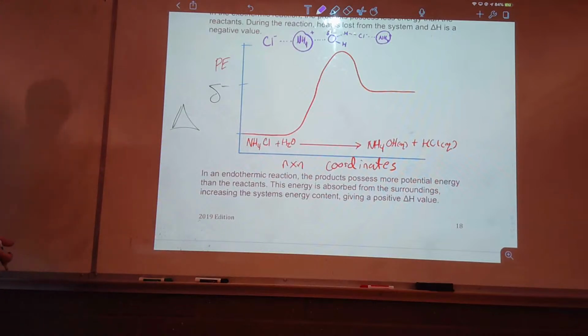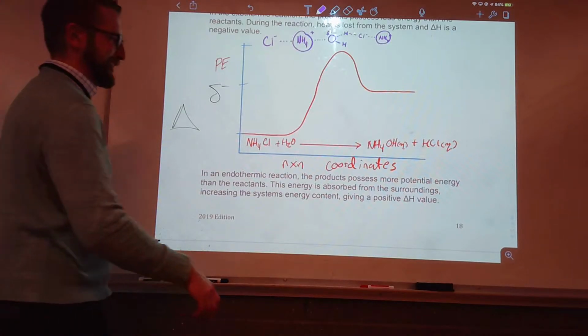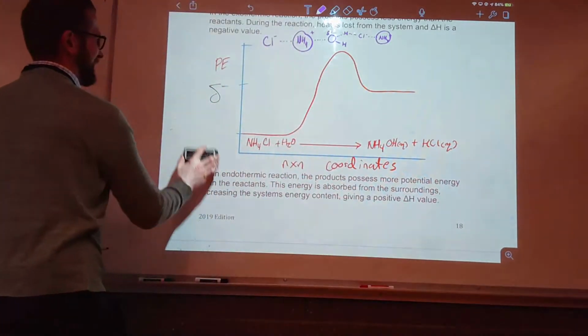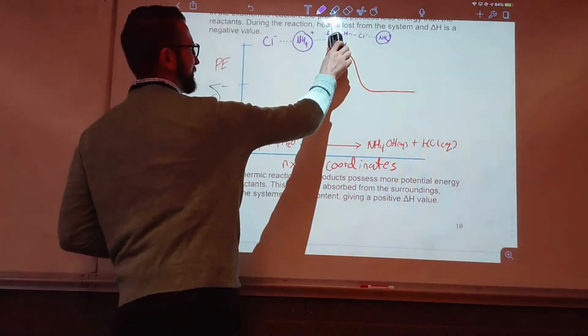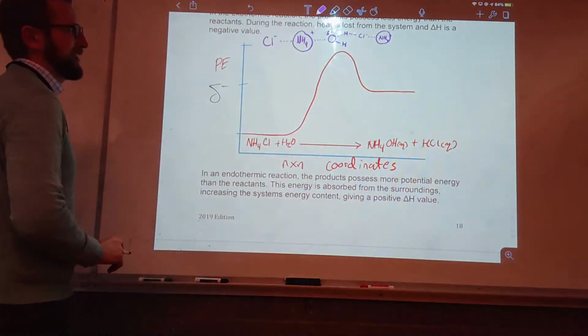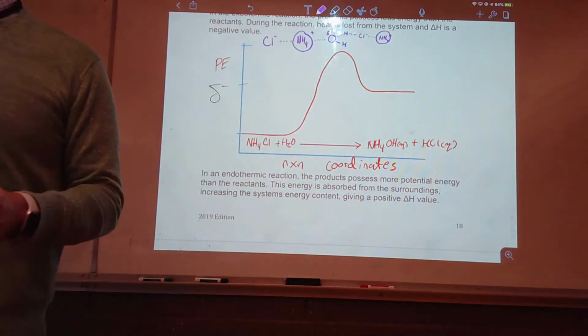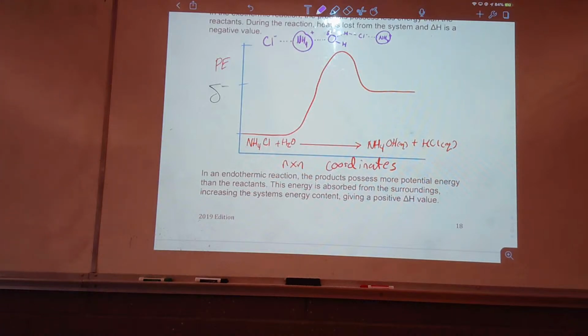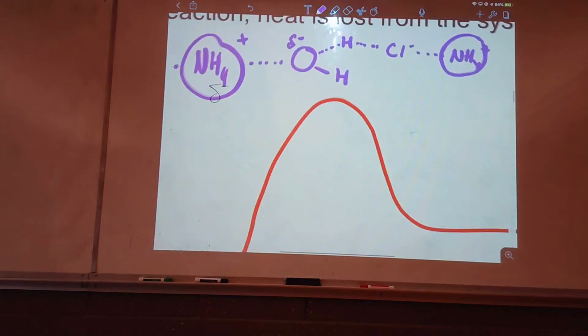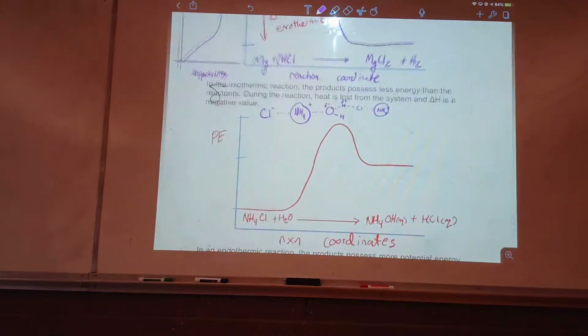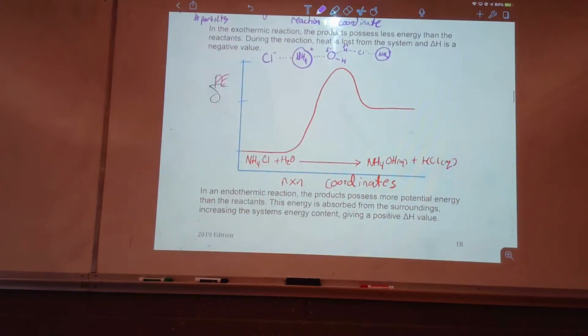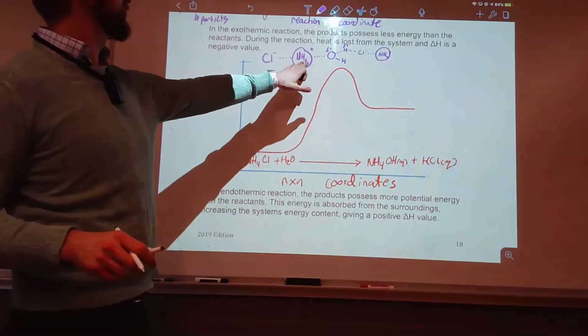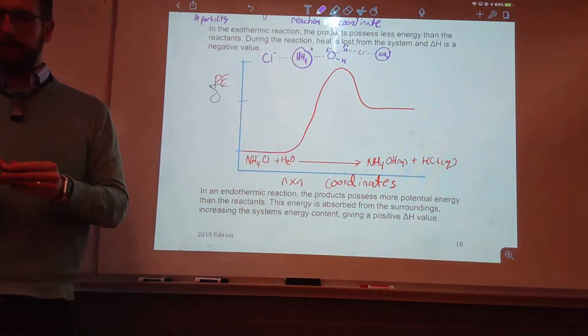That's like a true change, but a partial change in charge between the hydrogen and the oxygen is a small delta. This one should have a little tiny positive. That's how we represent partial charge. In the case of NH4, it's a true charge, and it's truly positive.